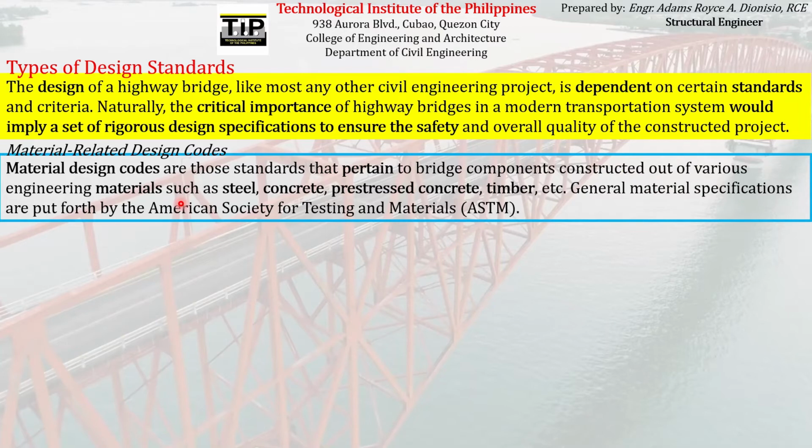General material specifications are put forth by the American Society for Testing and Materials, or ASTM. So this is the logo of ASTM. We have different material related design codes for steel, concrete, prestressed concrete, and timber. Although we also have a general material specification, which has all of the specifications intended for steel, concrete, prestressed concrete, timber, and any other materials, and that can be found from ASTM.